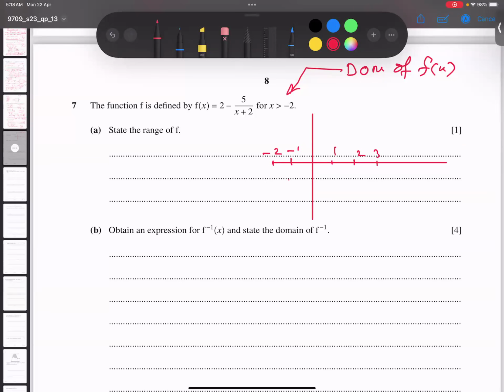I think enough. When you plug in -2, we can't plug in, because 5 by 0 is infinity, math error. So you will not get any answer. Anyway, you can plug in some numbers, because I'm starting from -2 and moving this way, this is called domain, students.